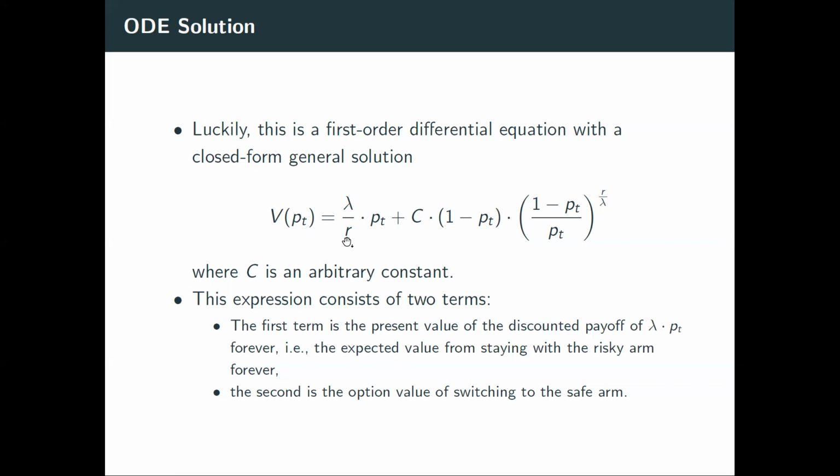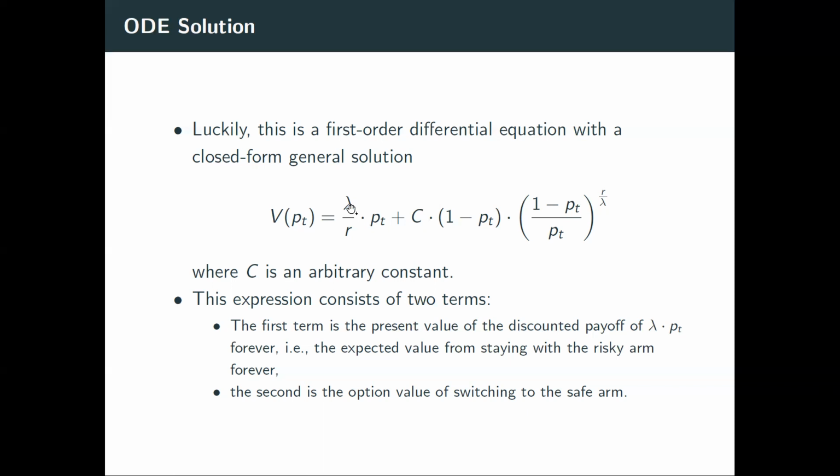And this linear term is exactly the value that you get by forever using the risky arm, right? Because remember, your instantaneous payoff from using the risky arm is lambda times dt if it's certainly good, and it's good with probability pt, right?